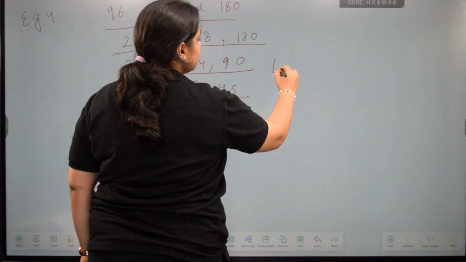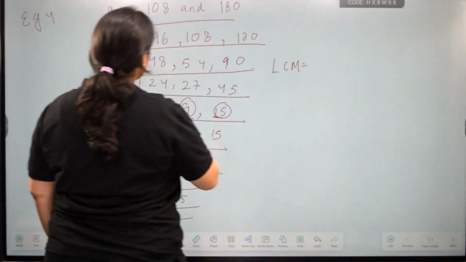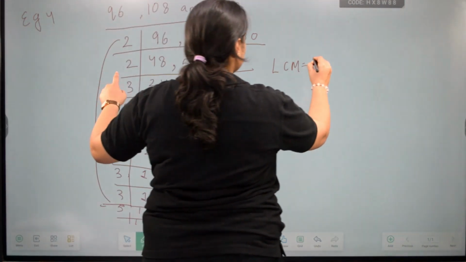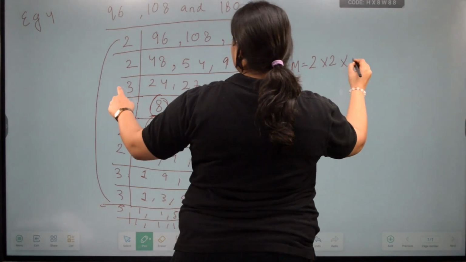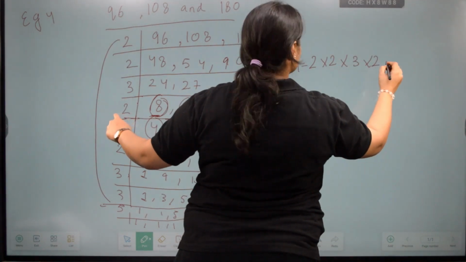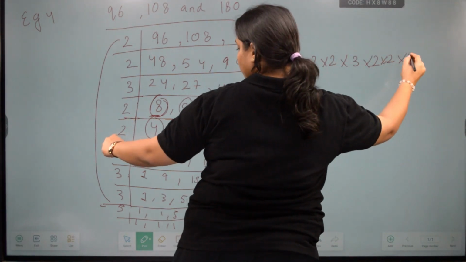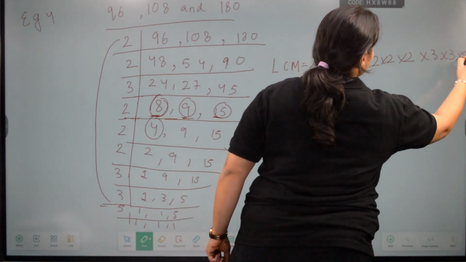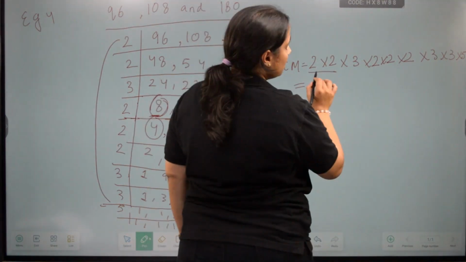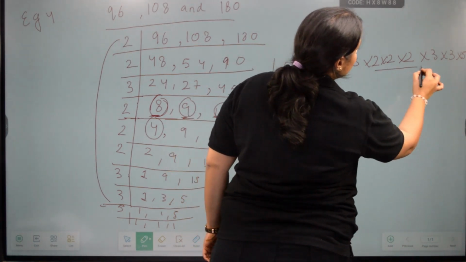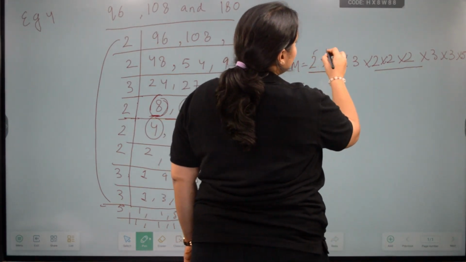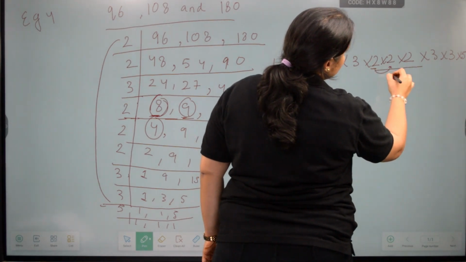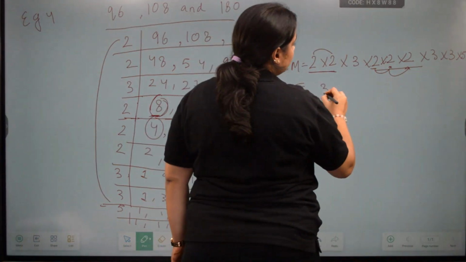So the LCM is equal to the product of all these numbers. We'll get 2 into 2 into 3 into 2 into 2 into 2 into 3 into 3 into 5, which becomes, now take all the 2's together: 2 into 2 is 4, 4 2's are 8, 8 2's are 16, 16 2's are 32.